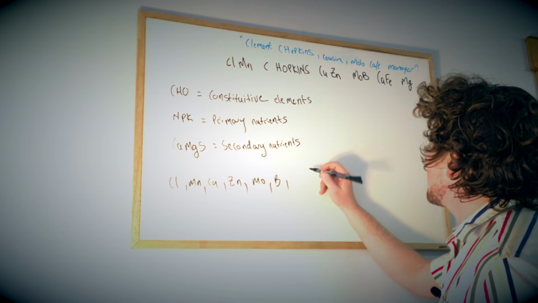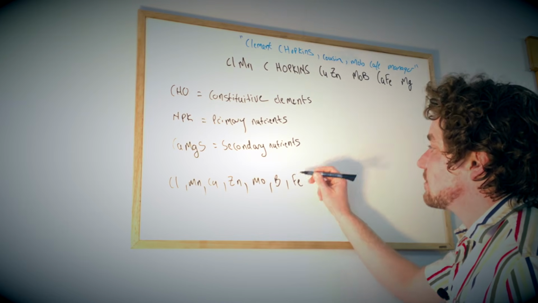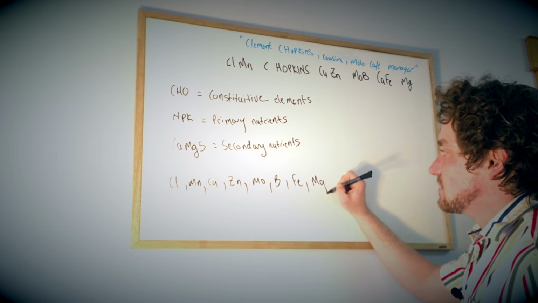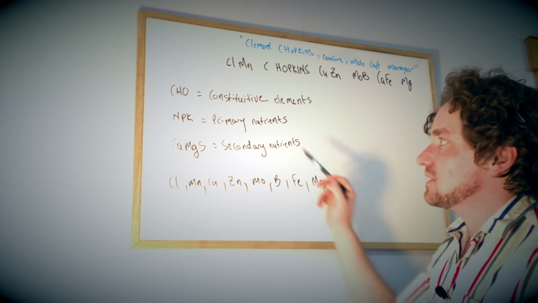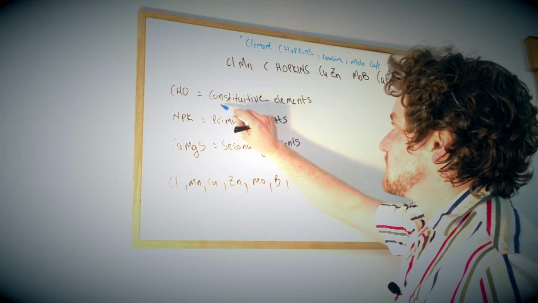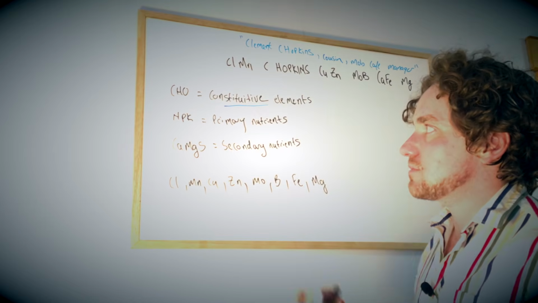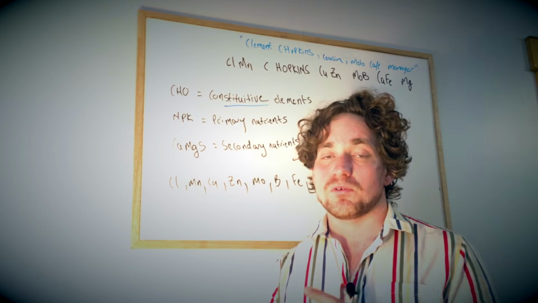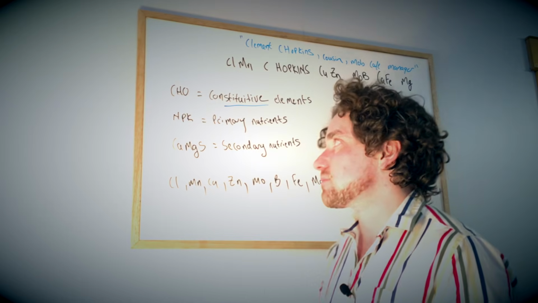And then we have iron, again another ion that really needs to be kept track of, and magnesium as well, especially how it interacts with calcium. So that's our constitutive suite of things, and those are readily available in the atmosphere as well as normally in the substrate for plants.